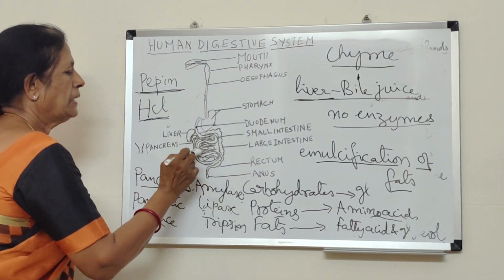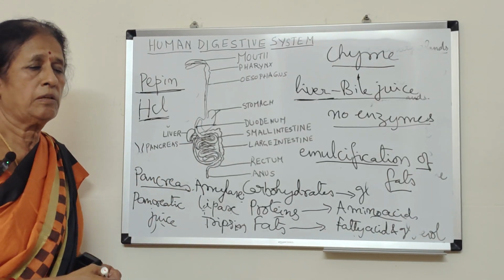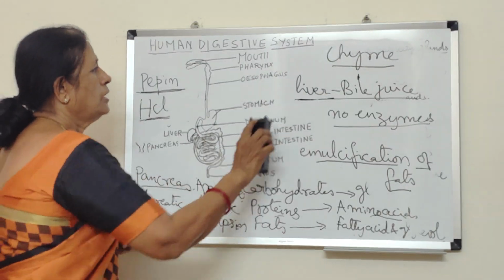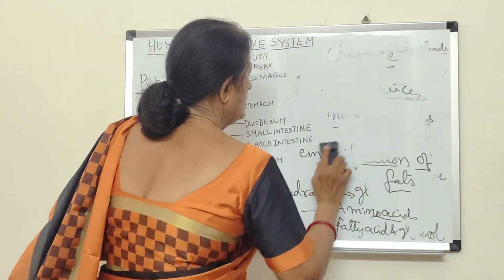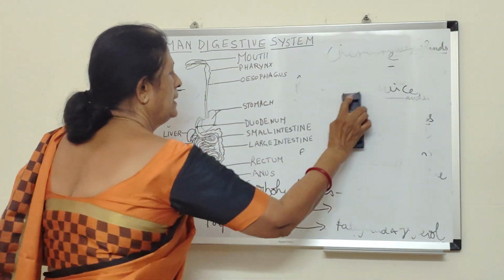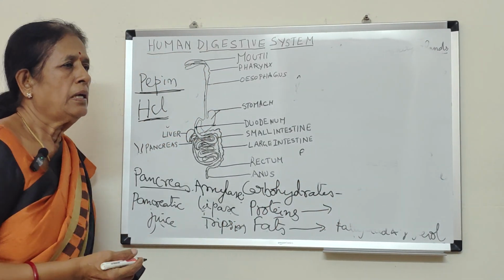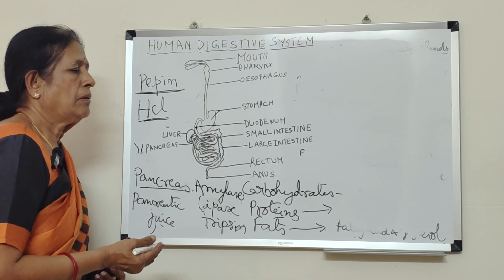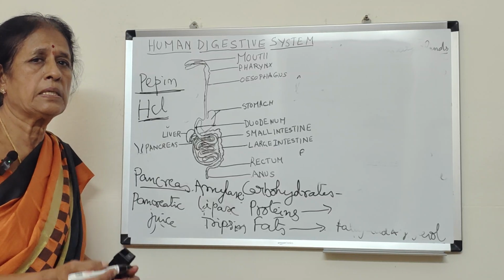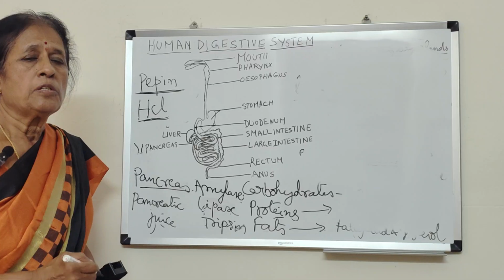Next, the food enters the longest part of the digestive system, which extends to some meters, the small intestine. Here in the small intestine, the complete digestion and absorption of food material takes place.